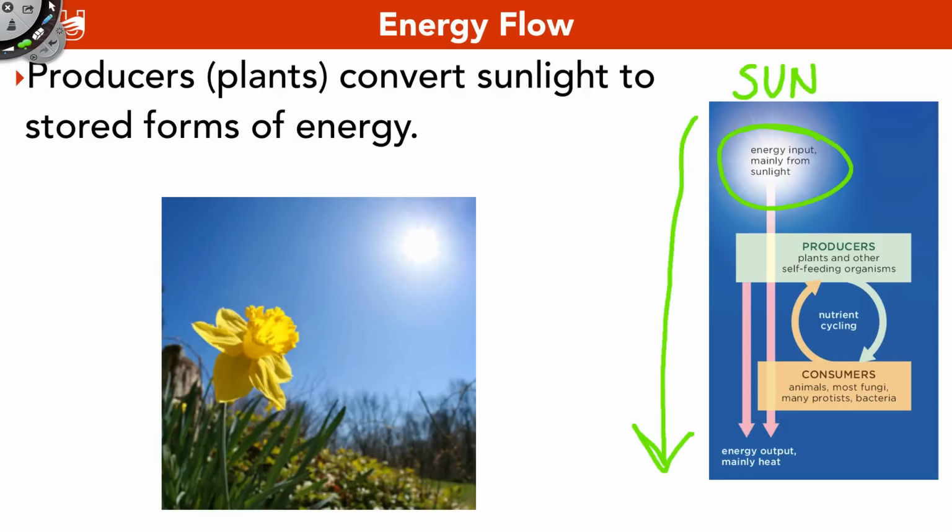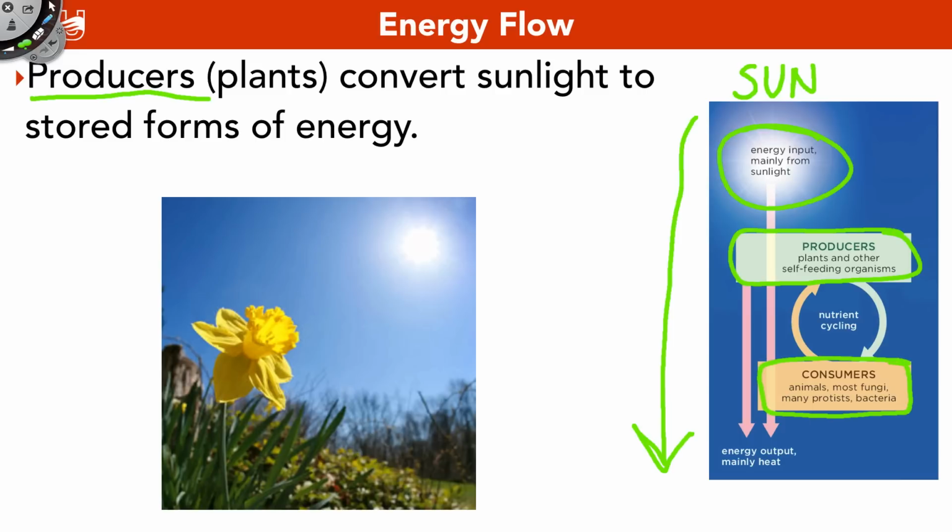Well, the answer to that question comes in the form of looking at what we call the producers, also known as the plants. The plants are going to take the energy of the sun and convert it into useful forms of energy that we can ultimately use. And we here are the consumers.